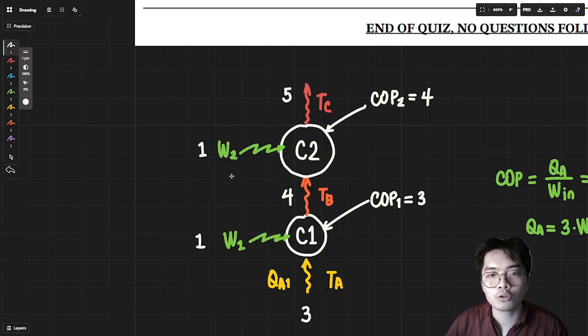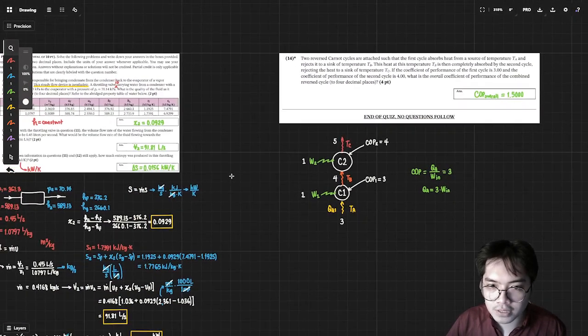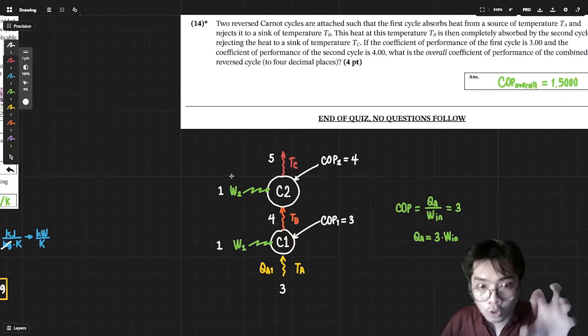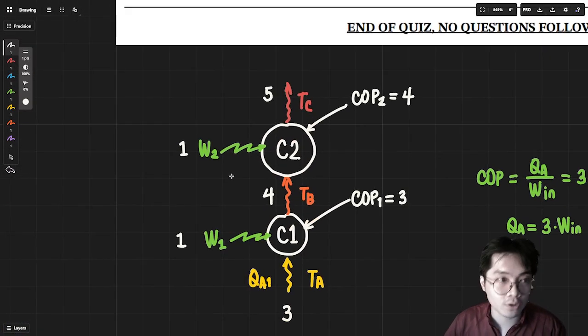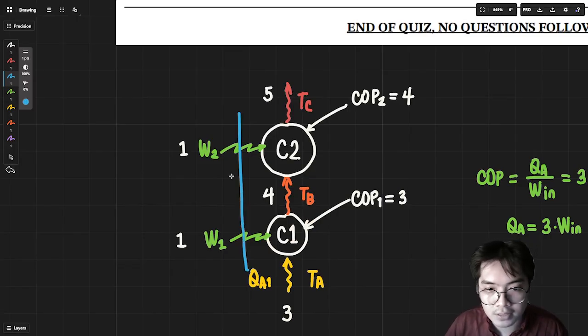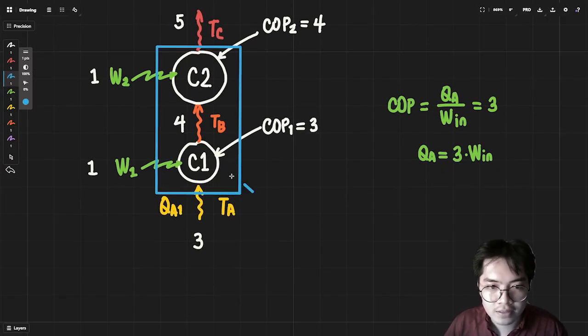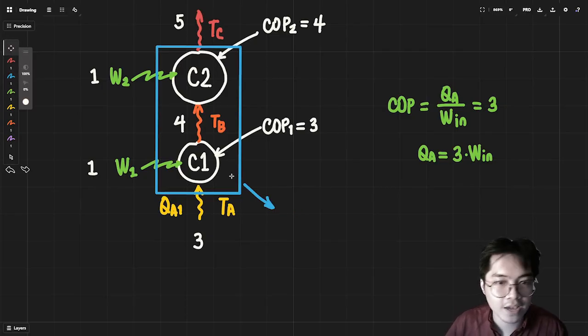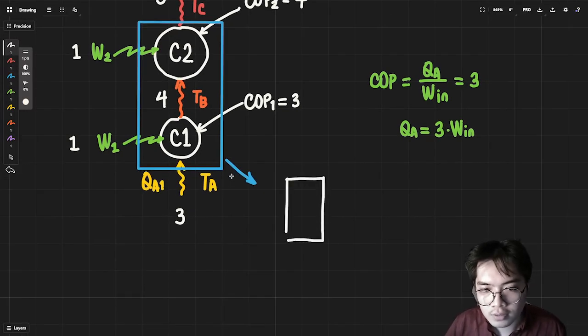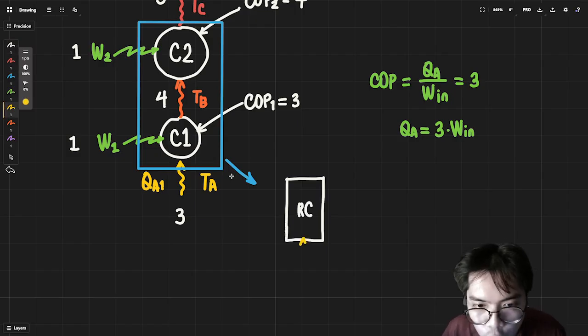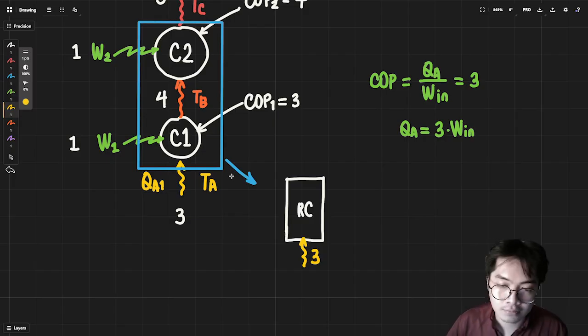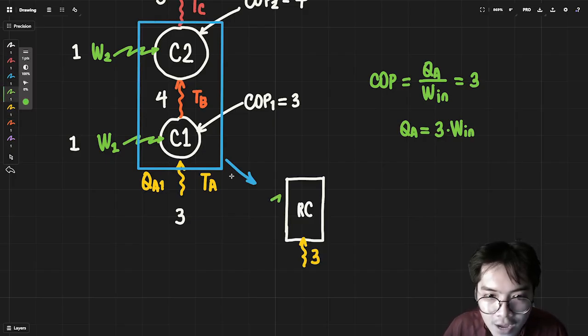If we look at this thing from a bird's eye view, if we look at the overall coefficient of performance, basically the coefficient of performance of this whole box right here, we will see that if we manage to simplify things, this overall reverse cycle absorbs 3 worth of energy, and then how much work do we put in?